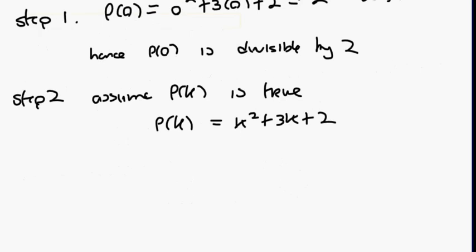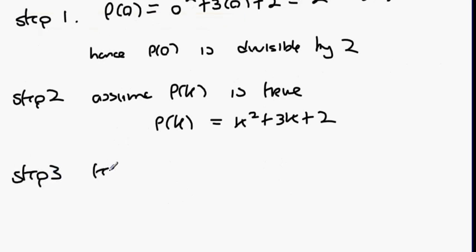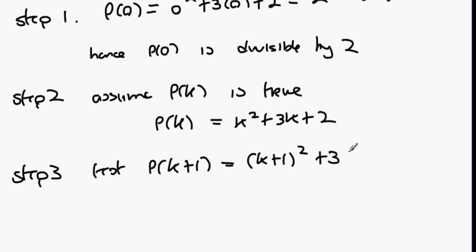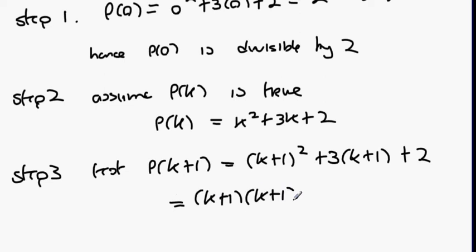Now next, step 3 is to test P of k plus 1, and P of k plus 1 equals (k plus 1) squared plus 3 times (k plus 1) plus 2. What we get here is (k plus 1) multiplied by (k plus 1) plus 3k plus 3 when we multiply that out, plus 2.